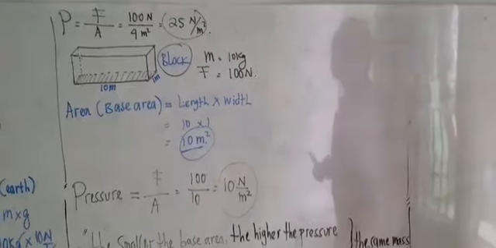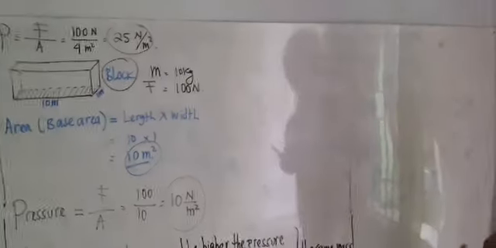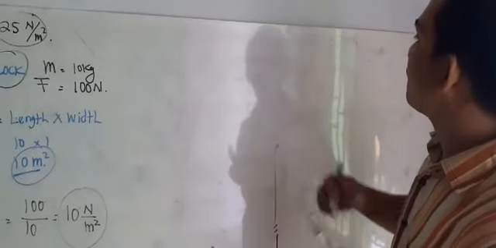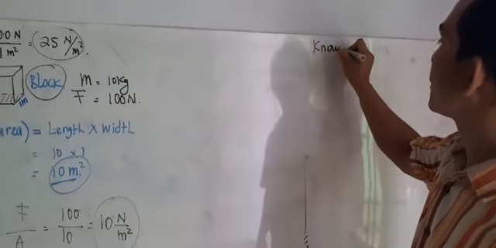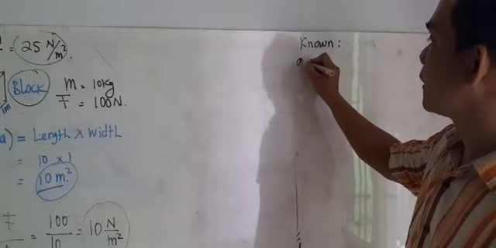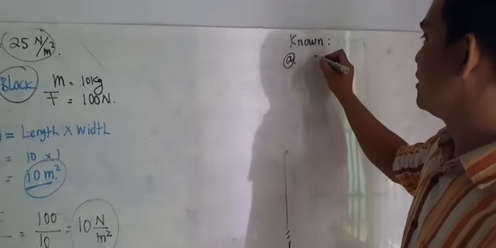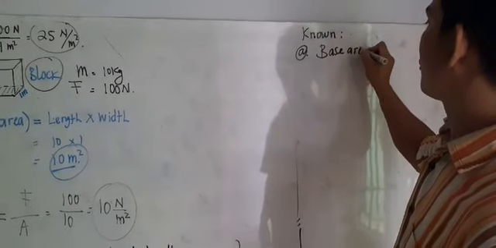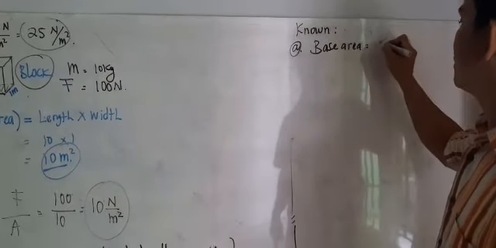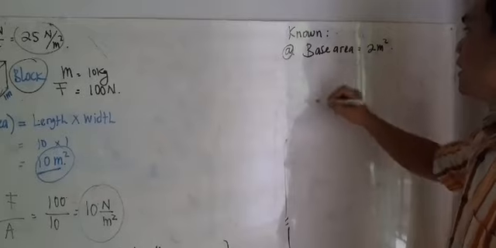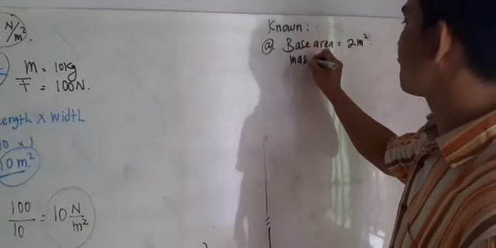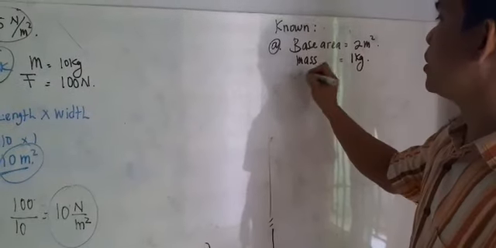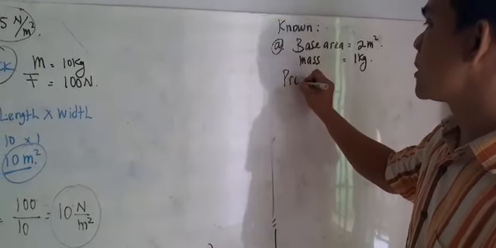Now let's continue to a new example. Given an object with a base area of 2 meters squared and a mass of 1 kilogram, what is the pressure?